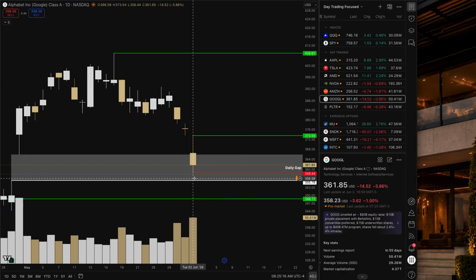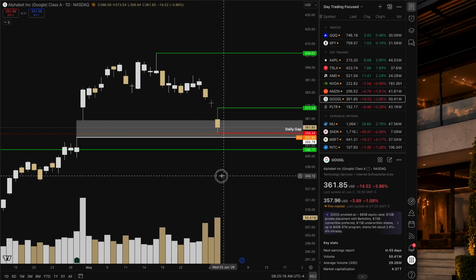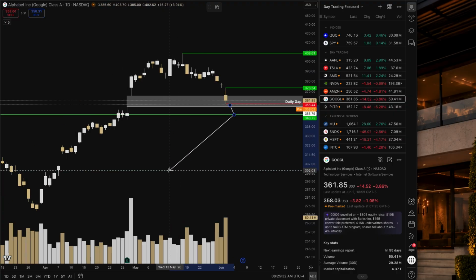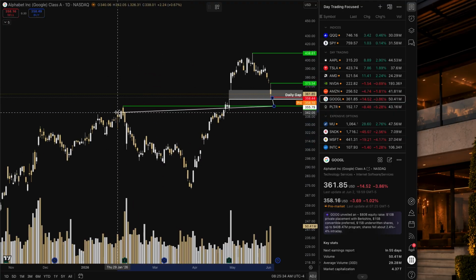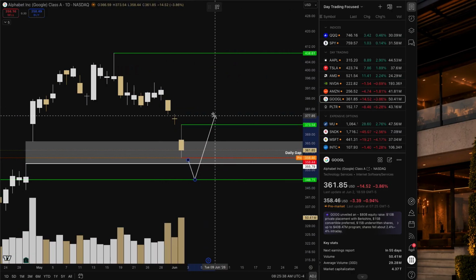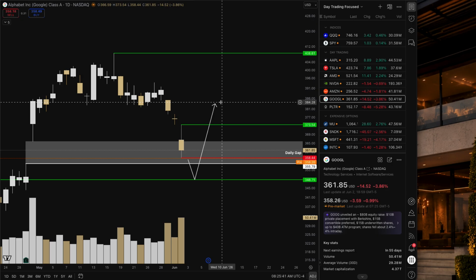Now it's filling up the gap, and we can see some good reaction from here, right? The price can move up, or maybe price can come down for the retest of this swing high. Price can come back for the retest and then move towards the upside. Okay, so this is the daily chart.